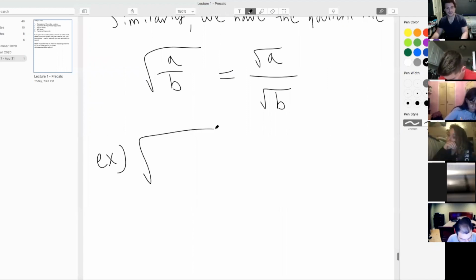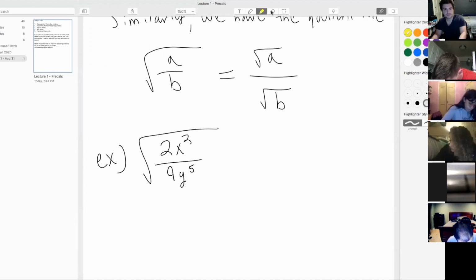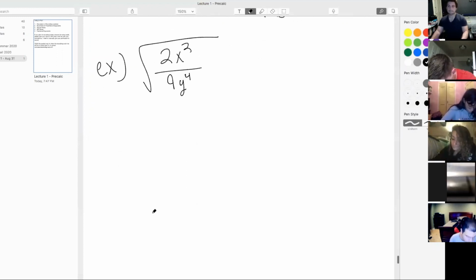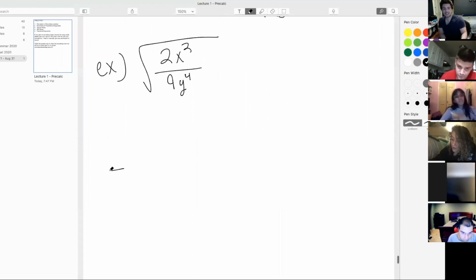Let's look at the square root of 2x squared over 9y to the 4th. Excuse me, that should be a 4. 9y to the 4th. The rule tells me that I should just bring the square root into the top and bottom.